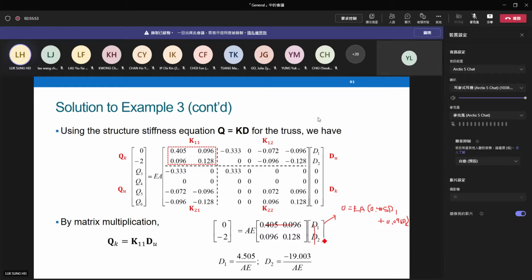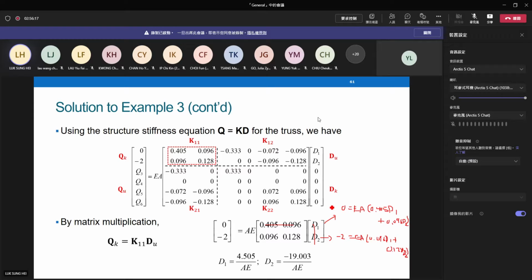First equation. Second equation, minus 2 equal to EA times 0.096 D1 plus 0.0128 D2.